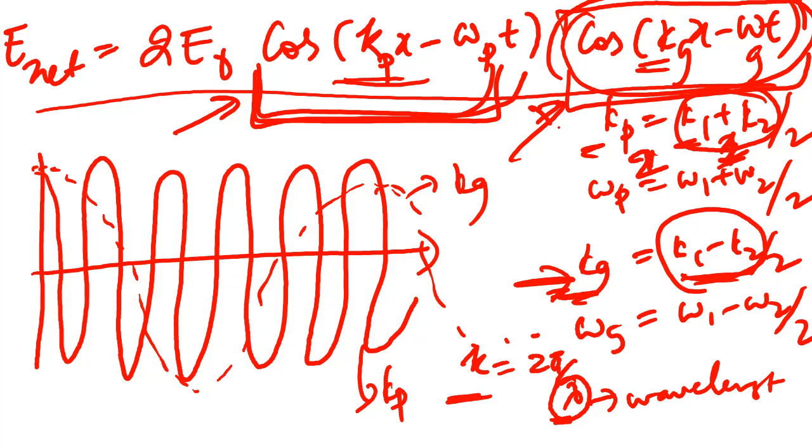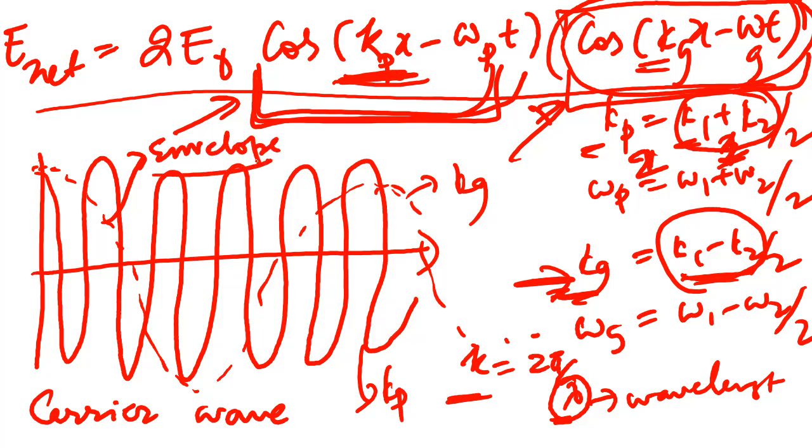And we call this particular wave, where we wrote kp, the carrier wave, and this dotted kg the envelope.